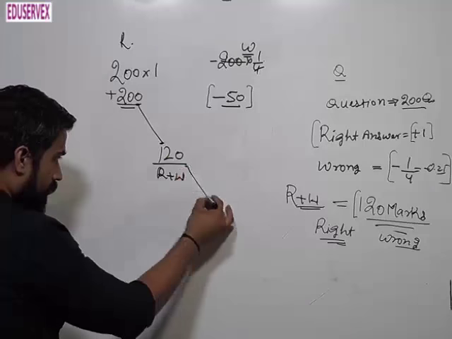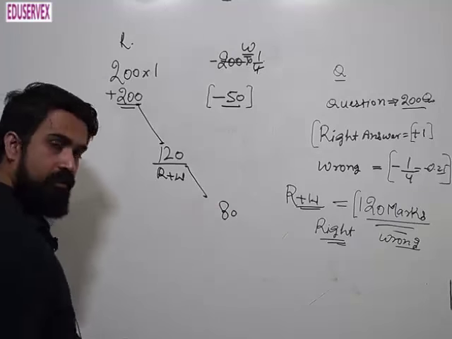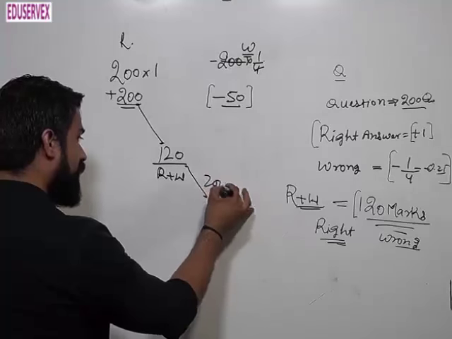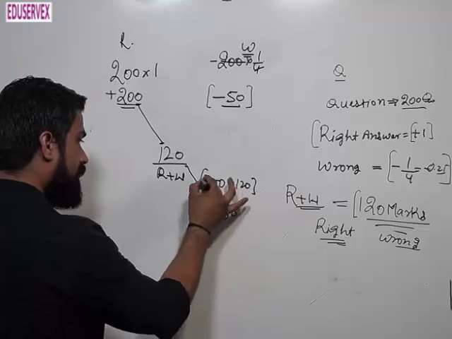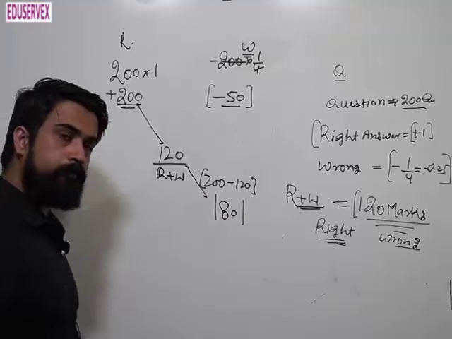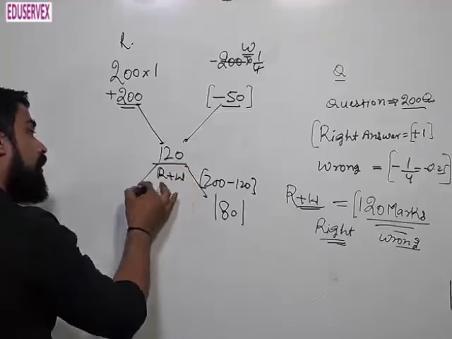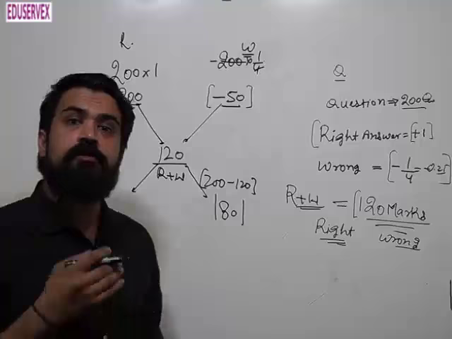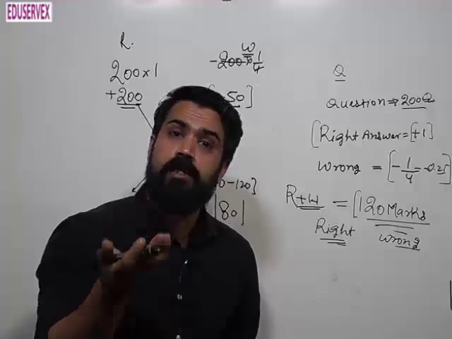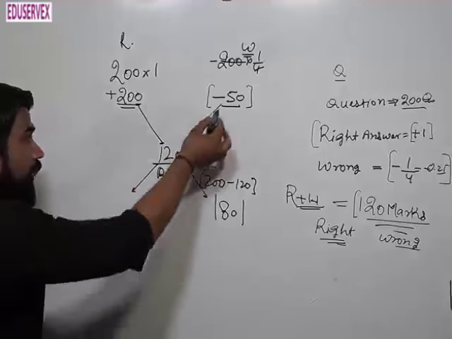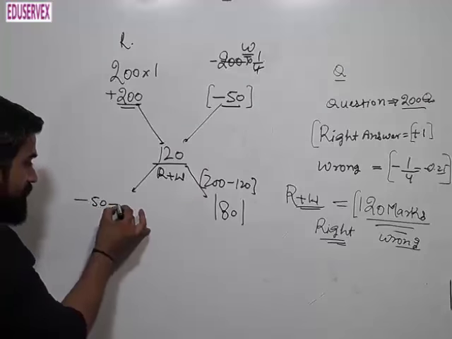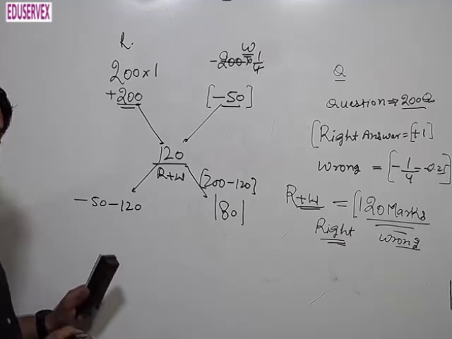Now, if we subtract, look at this: 200 minus 120, we get 80. Now if we subtract minus 50 and 120, that is minus 50 minus 120.